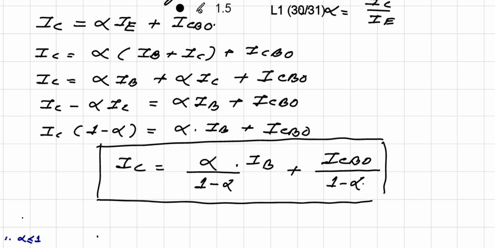Now remember that the collector current is related to the base current, and also to the reverse saturation current. We know that alpha is the relation between input current and output current. So obviously IE and IB play a very important role in deciding the collector current. If there is a change in IE, there will be a change in IC.